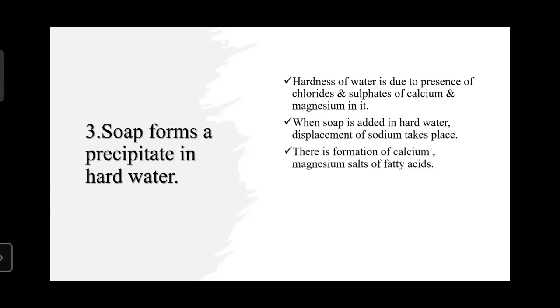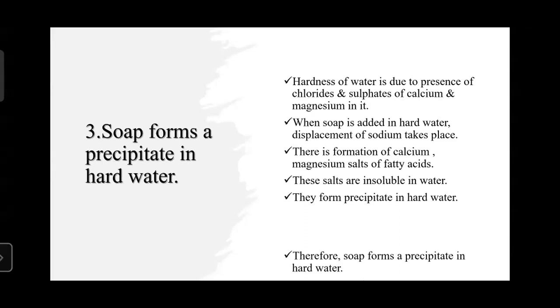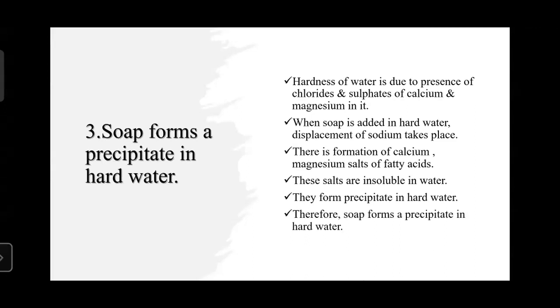There is a formation of calcium or magnesium salts of fatty acid. And these salts are insoluble in water. They form a precipitate in hard water. Therefore, soap forms a precipitate in hard water.